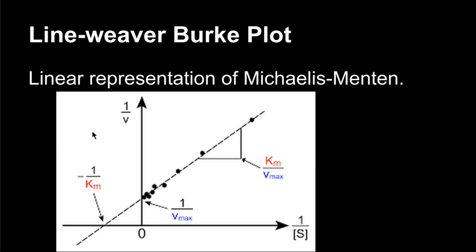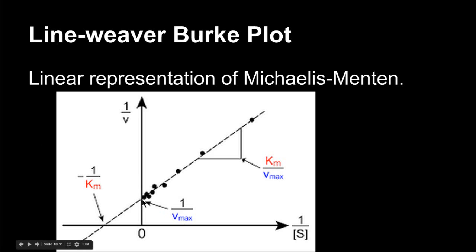So the next thing we're going to look at is a linear representation of that equation. This is called a Lineweaver-Burk plot, and it makes things easier even though it looks a lot harder at first. Let's just look at the y-axis. The y-axis is 1 over the reaction velocity, and the point where we cross this axis is 1 over Vmax.